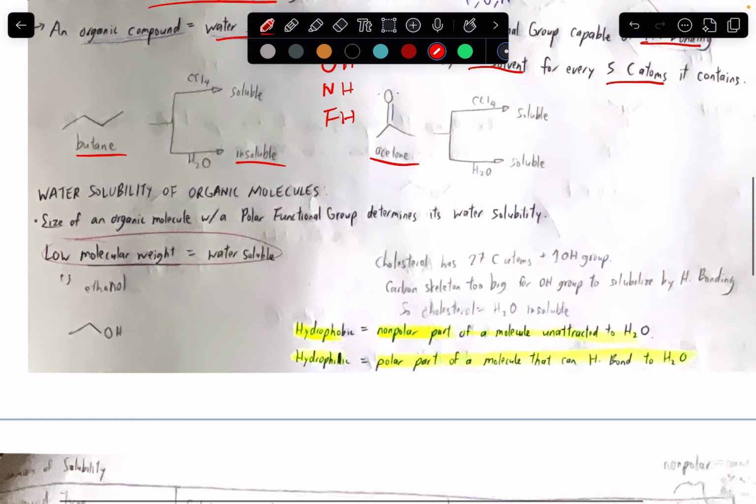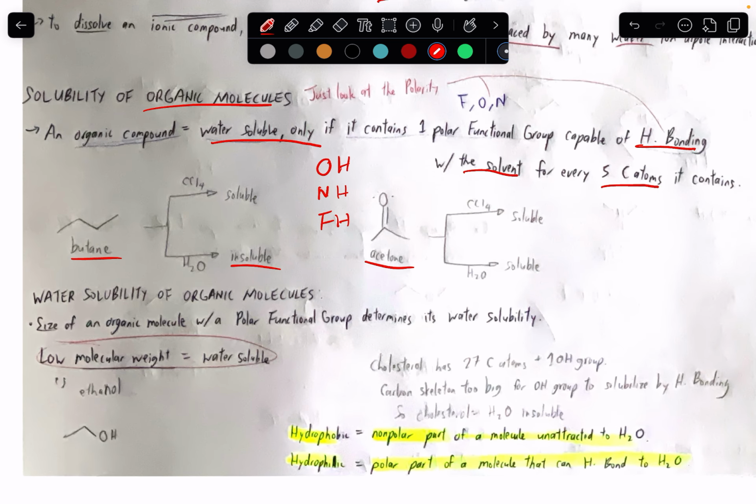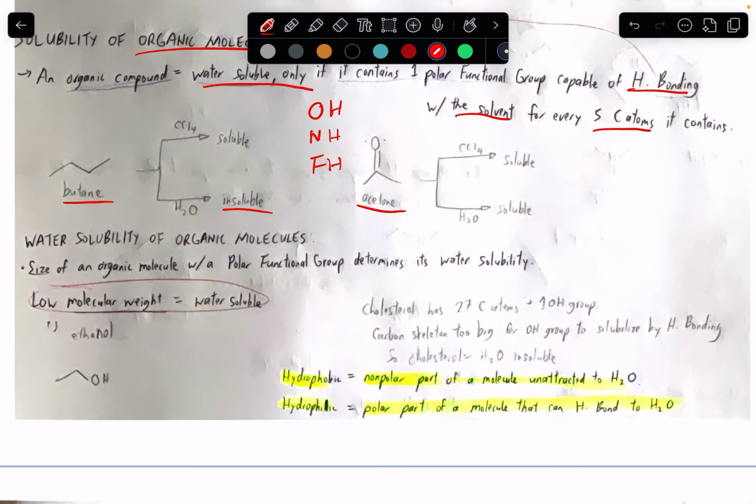How about water solubility of the organic molecules? It's just a continuation of what I'm talking about. So, the size of an organic molecule with a polar functional group determines its water solubility. So, ano yung trend specifically? So, low molecular weight means it's water soluble.